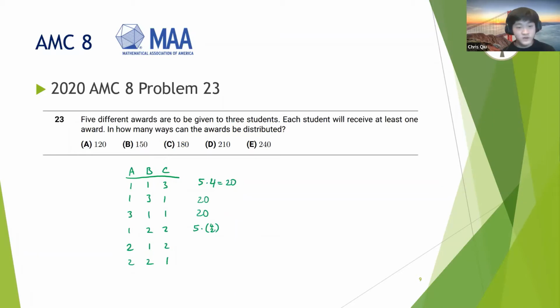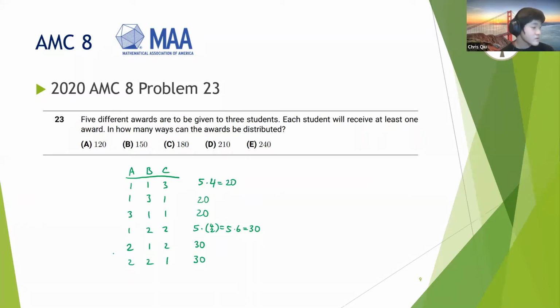And then once you've given A and B their awards, student C gets the remaining awards. So in this case, there are 5 times 4 choose 2, which is 5 times 6, equals 30 ways to distribute the awards. And the last 2 cases are symmetric, so we can write 30 for those.